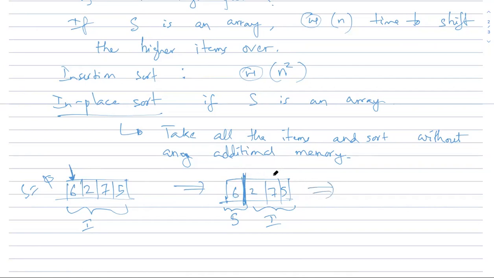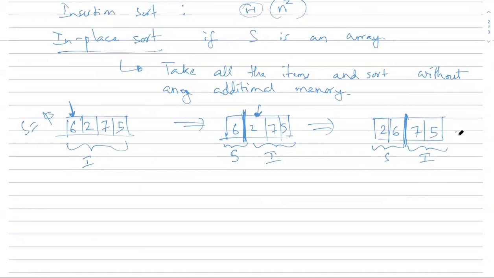Now the next one, we are trying to position 2 in relation to 6. So it will choose 2 here and then 6 here. So it is inserting the 2 in an appropriate place within the sorted order. And this remains 7 and 5. This is the input part.